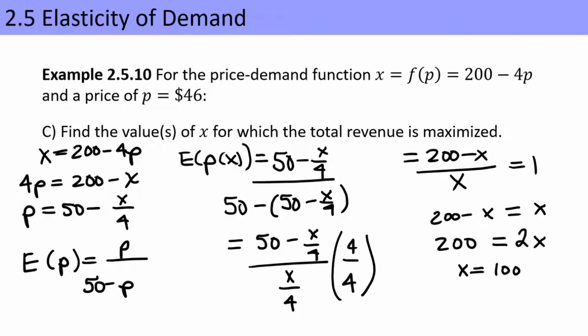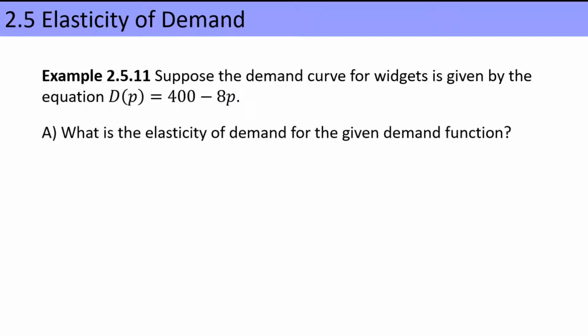The question that is asked is find the value or values of X for which the total revenue is maximized, and the value, that is the number of items, is 100. The quantity is 100.